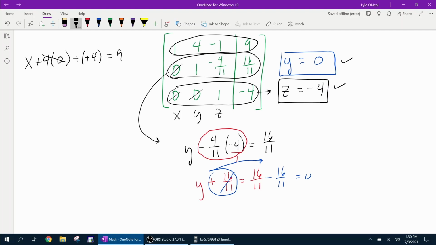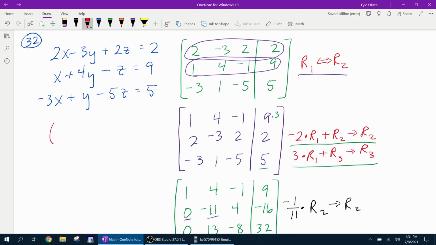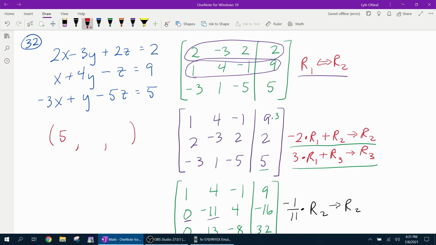Negative and a negative make a positive. Gives me x plus 4 equals 9. And moving the 4 to the other side gives me x is 9 minus 4, which is 5. And that is done. The only thing we need to do to finish that off is to write our solution as an ordered triple. So the solution to this system as an ordered triple would be 5, 0, negative 4.